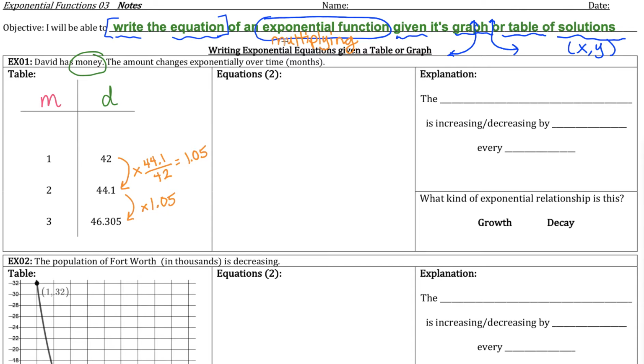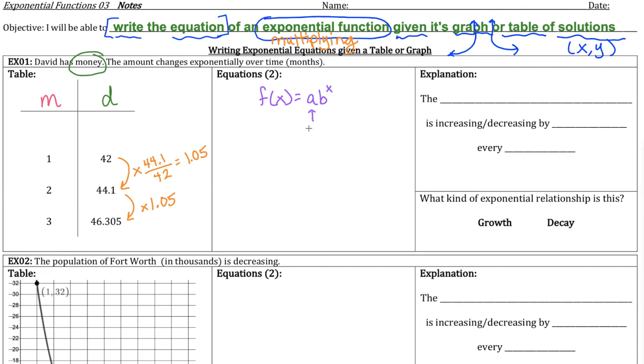So in our equation, if we're going to write it, we're going to put it in this form: f of x equals a times b to the power of x.